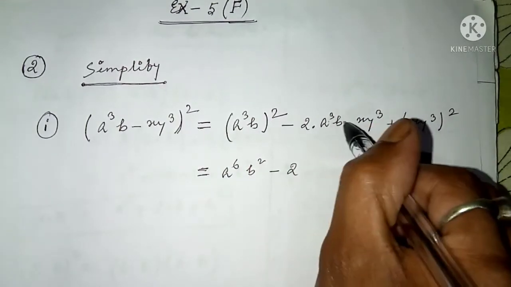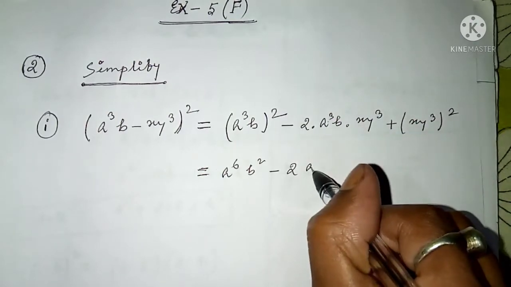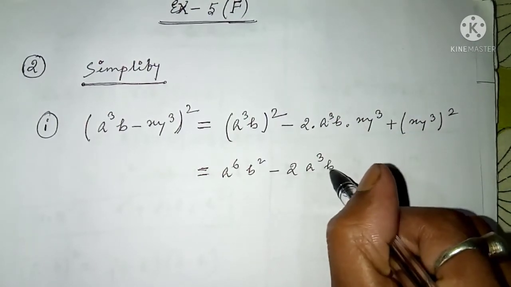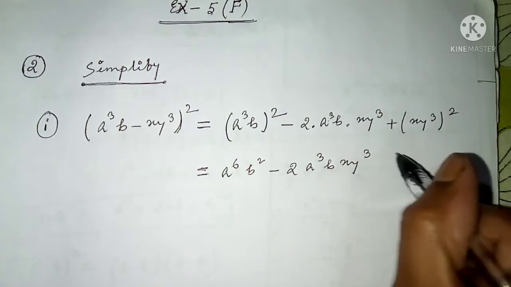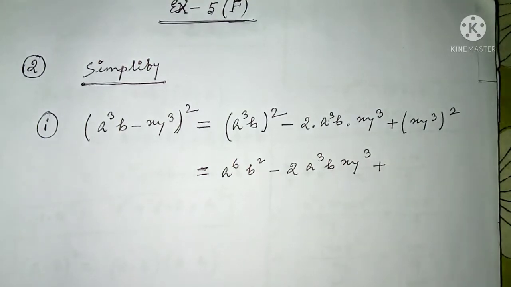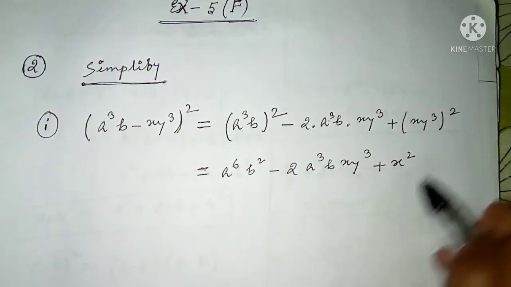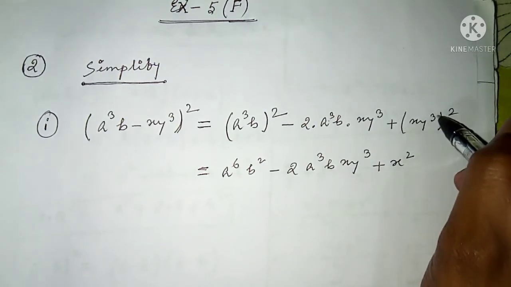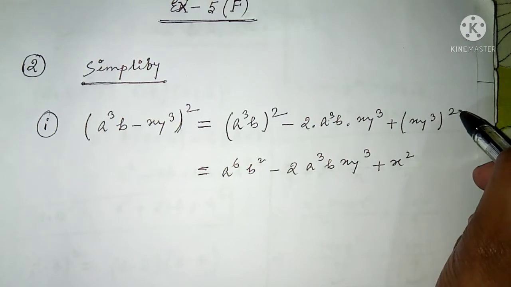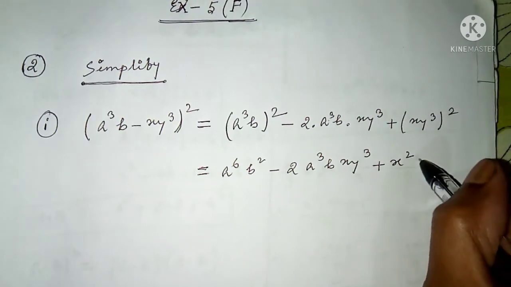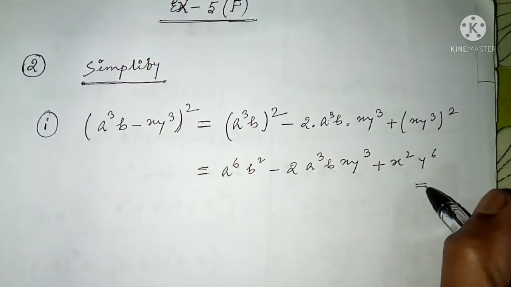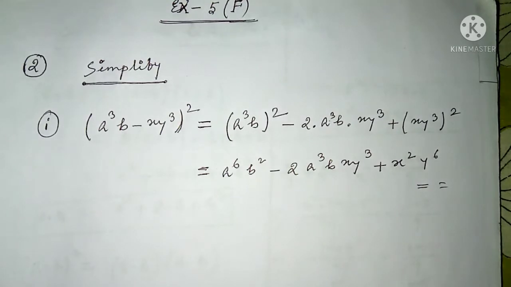Here we do not have any like terms, so we'll write as it is, a cube b and xy whole cube. Then we have a plus here. Then you can see here x square, and over y we have a power 3, again a 2 here, so 3 into 2, that is y to the power 6. This is how we have simplified here.